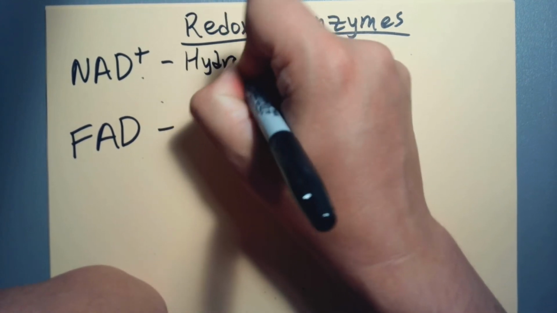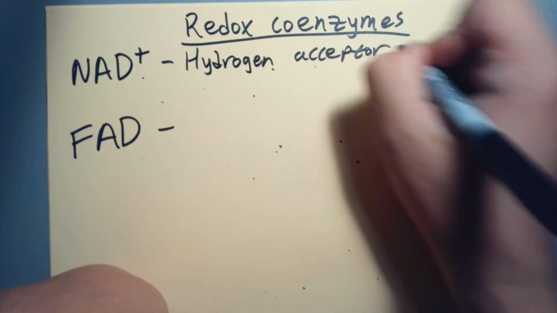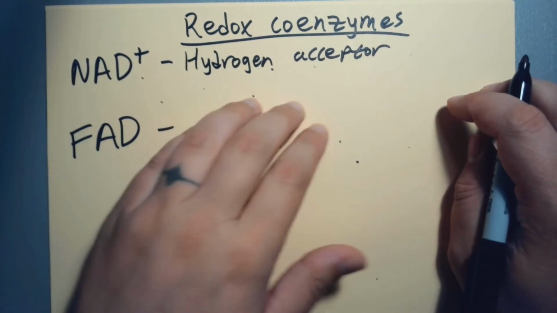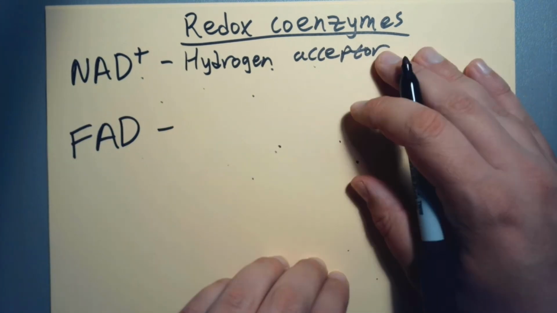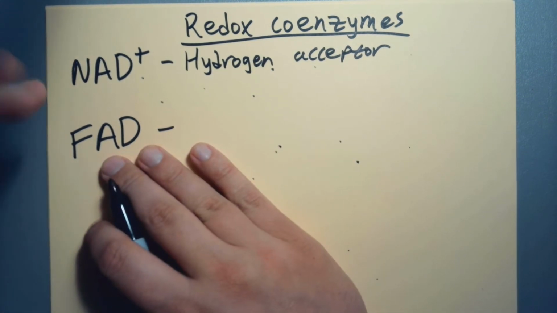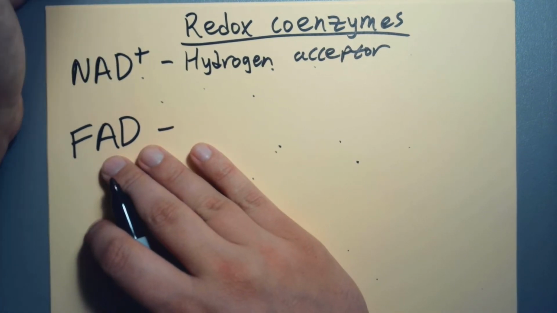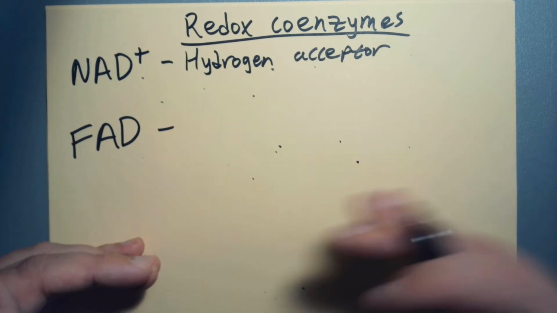Now it's not a coincidence, by the way, before I write what it's a hydrogen acceptor for, that we have two types of redox reactions, and we have two coenzymes here. So guess what? One of these coenzymes is going to pair with one type of redox, and the other one is going to pair with the other type.